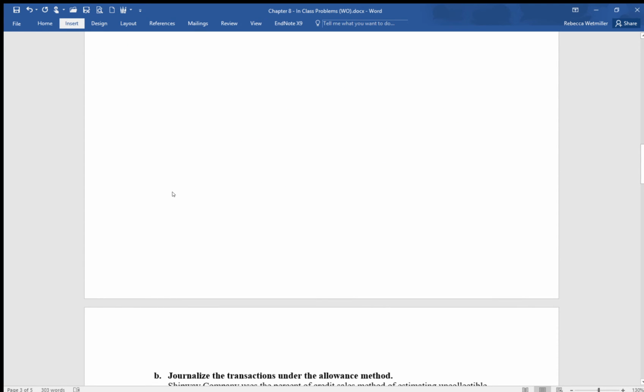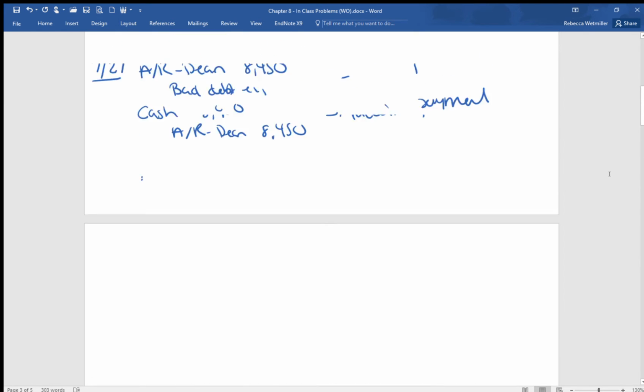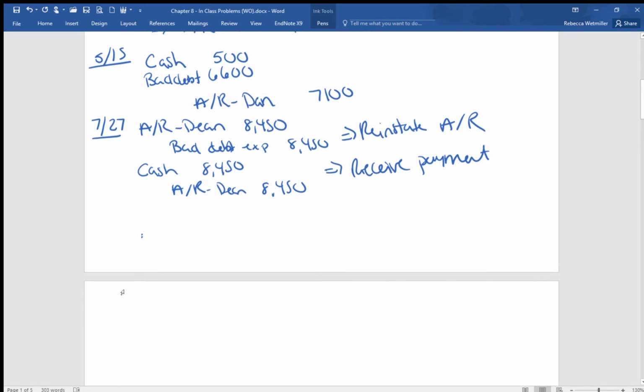Okay, so I've got that fixed. For 12/31, we want to write off the following accounts as uncollectible. So we're going to do this the same way, just this time we have a bunch of them.